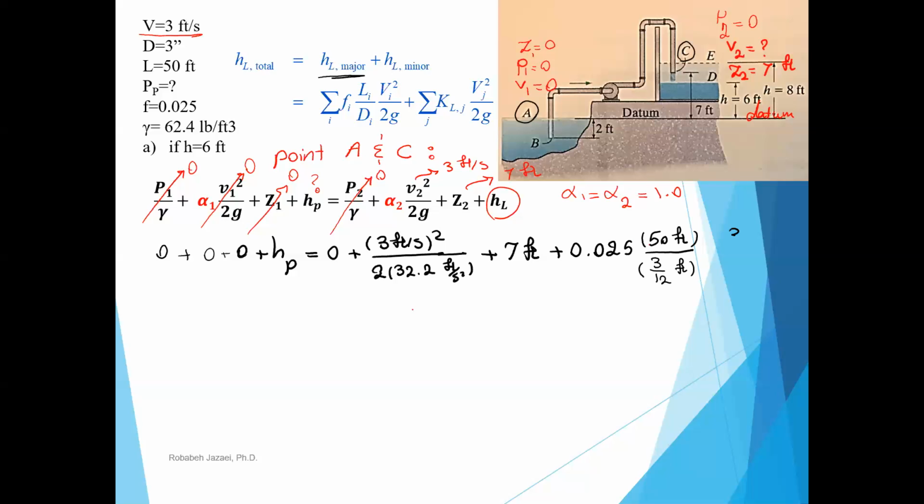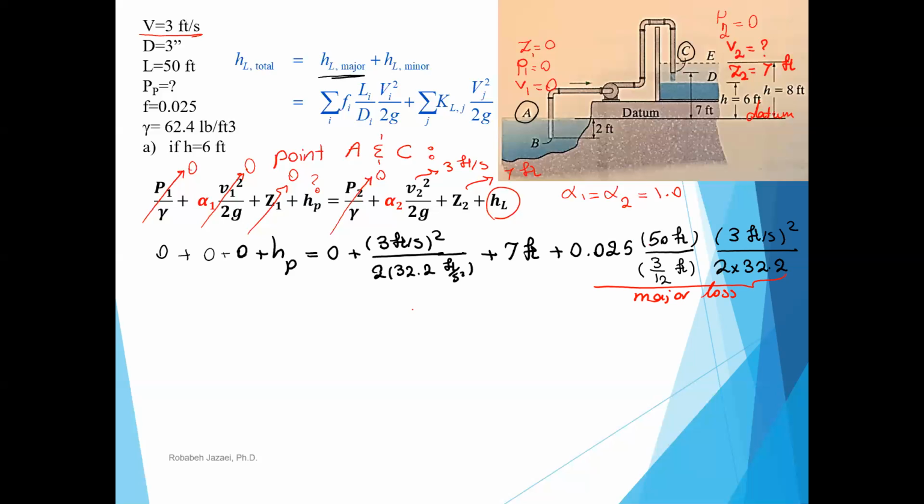Multiply by velocity, which is 3 feet per second squared, over 2 multiplied by g, which is 32.2. So this is all major loss, okay? I still need to add minor losses, right?